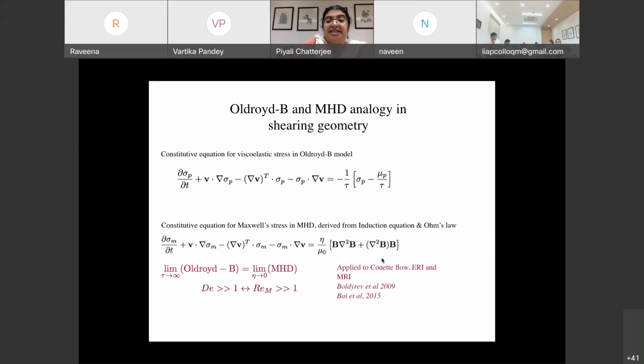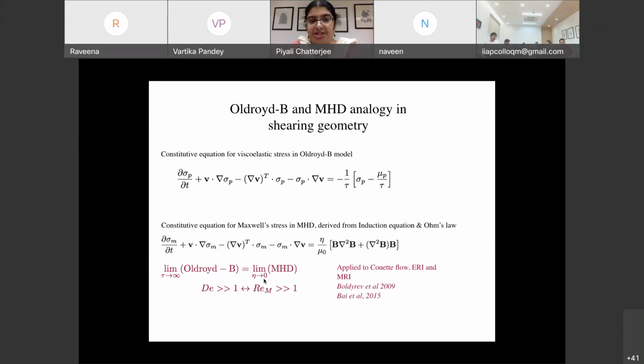Similarly, if you take eta approaching 0, even then the right-hand side of the constitutive equation for Maxwell stress would vanish. So this basically means that in the limit of very large polymer relaxation time, the Oldroyd-B model mathematically behaves like the MHD model in the limit of very low resistivity.